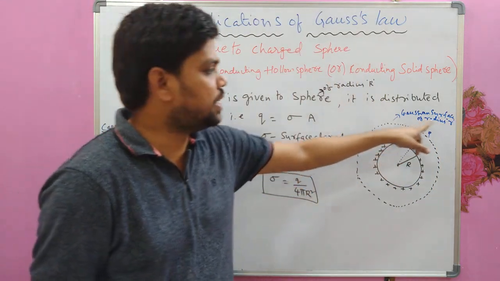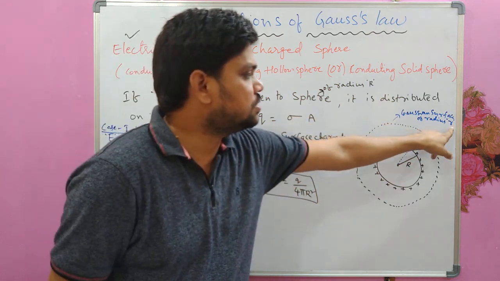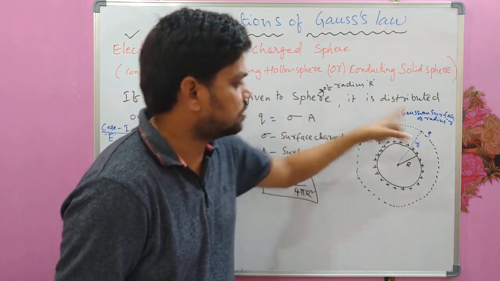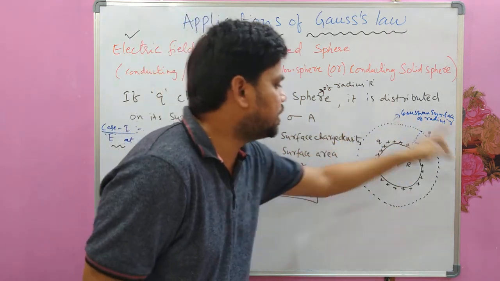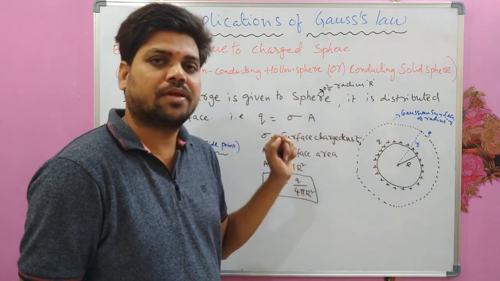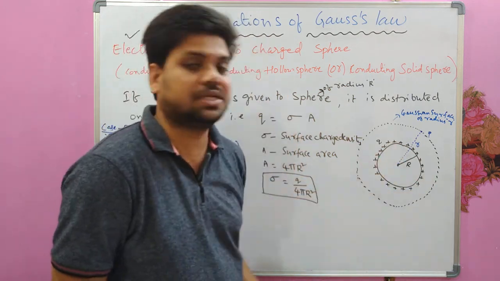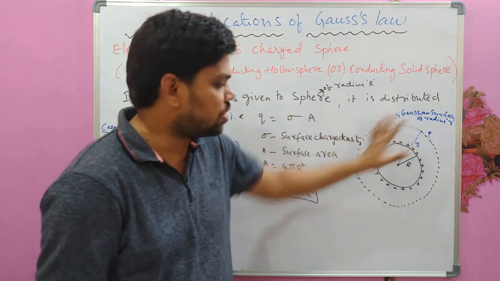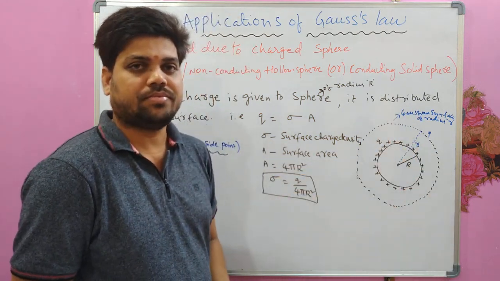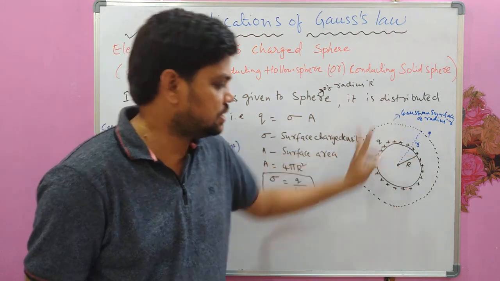The Gaussian surface is spherical in shape. See, this dotted line is a Gaussian sphere. It is symmetric about the charge distribution, drawn around the charge distribution. This is spherical and this is spherical.